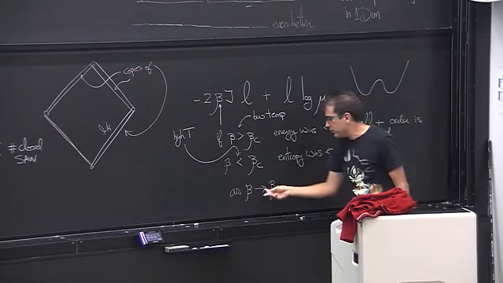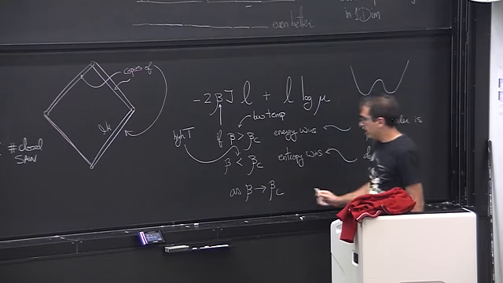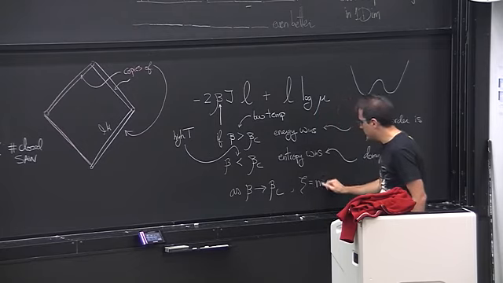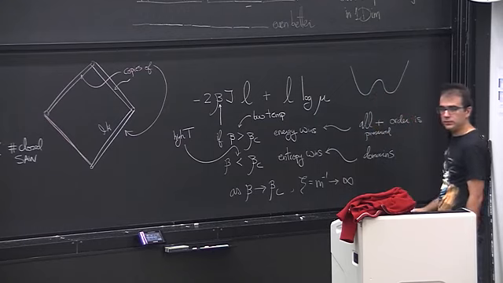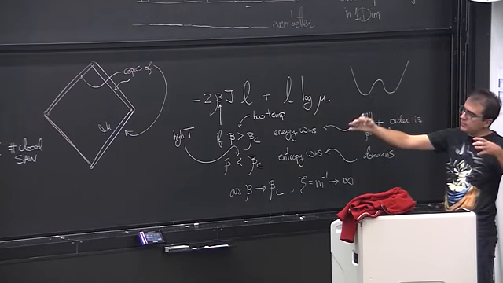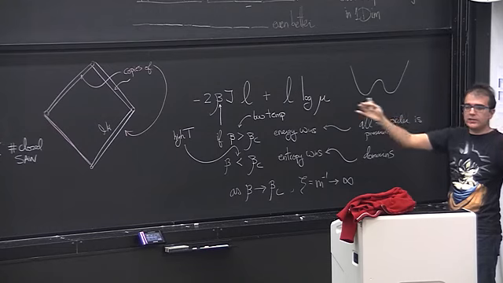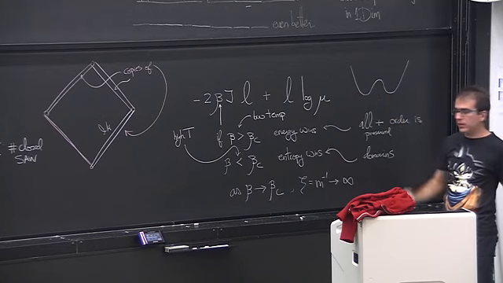What happens as beta goes to beta critical? The scattering length, which was the inverse of the mass, goes to infinity. The typical size of these domains becomes very large, and we would have domains of all possible sizes.